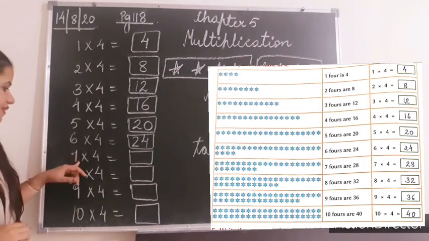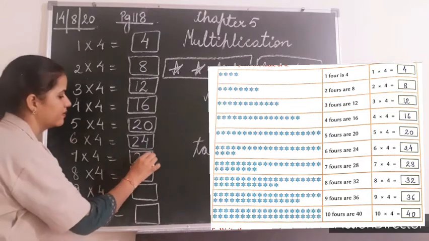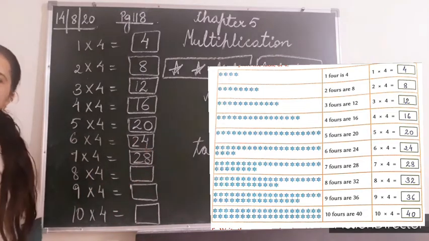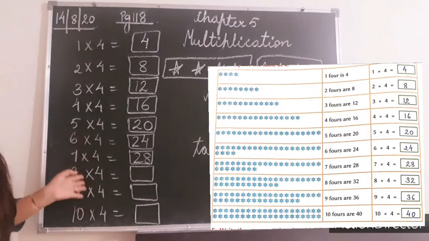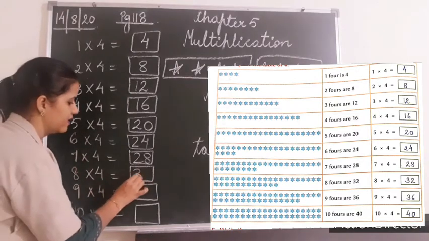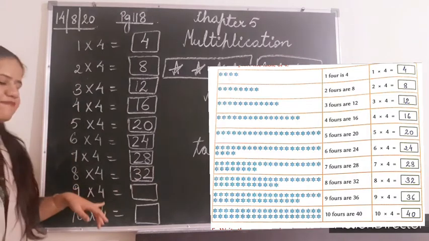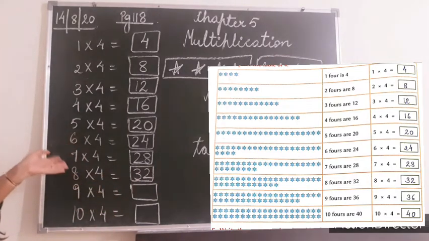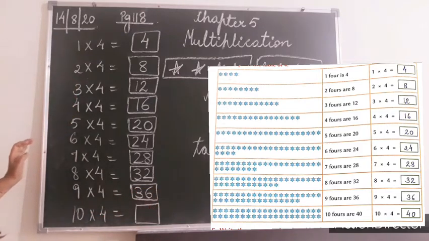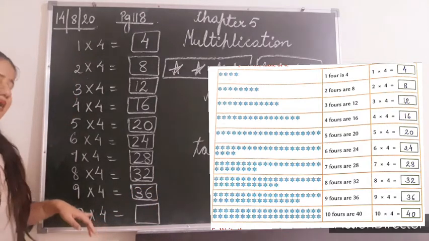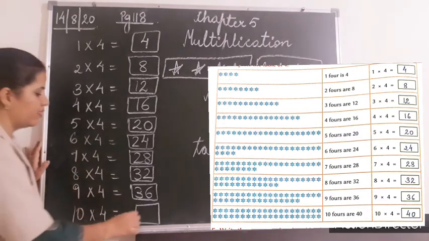Then 7 times 4, 4 7s are 28. Yes. Then 8 times 4, 4 8s are 32. Then 9 times 4, 4 9s are 36. Okay. Then 10 times 4 and 4 10s are 40.